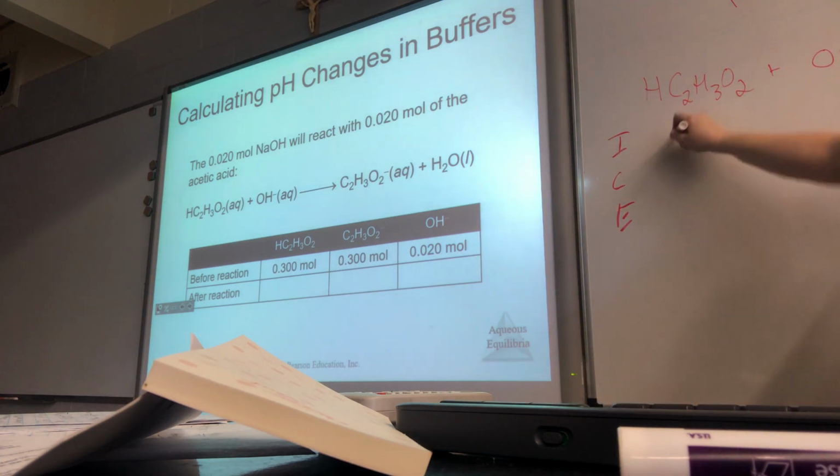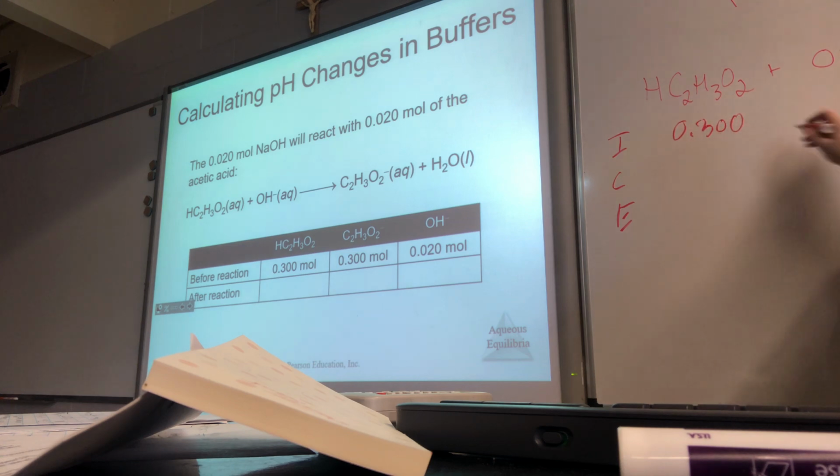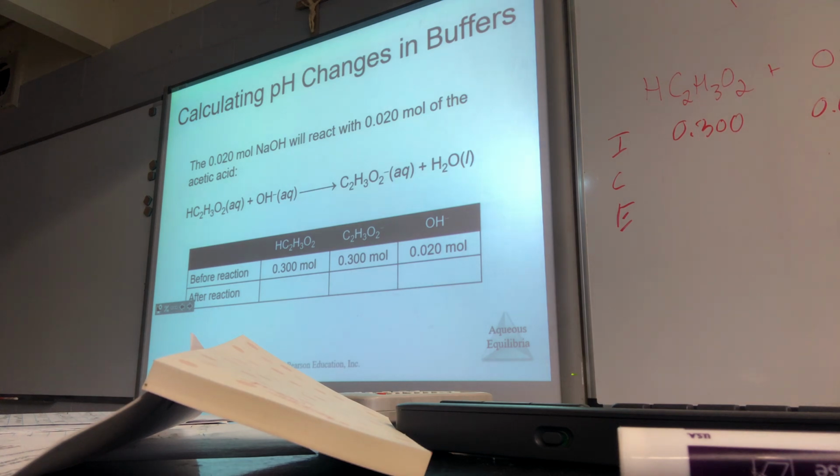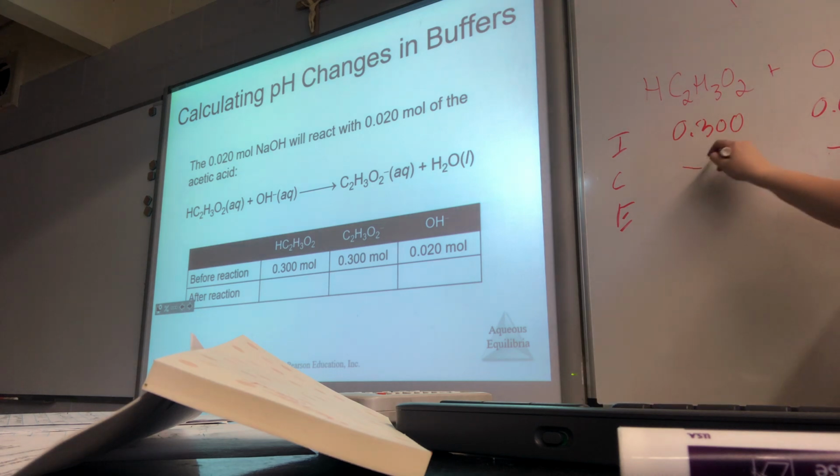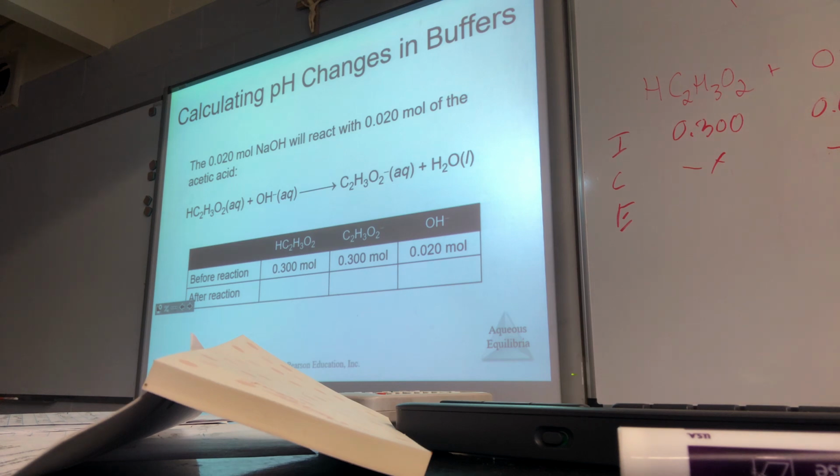We know what this is. We know what this is. We know what this is. And we don't care about that. All right. You agree? We were told this is a strong base, right?